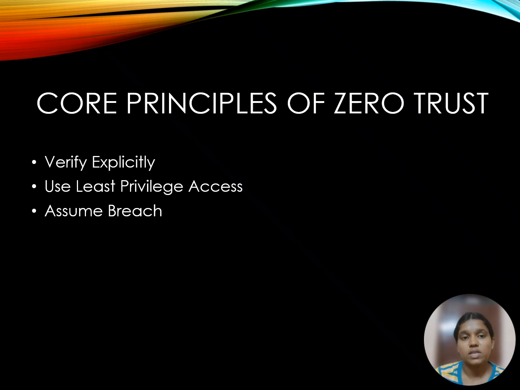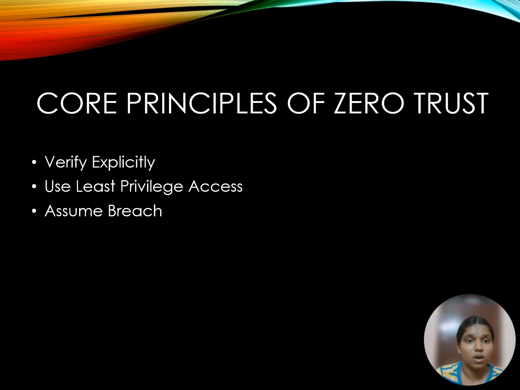Zero Trust is built on three main key principles. First, verify explicitly. Always authenticate and authorize based on multiple factors like identity, location, device health, and sensitivity of the data being accessed. Second, use least privilege access.